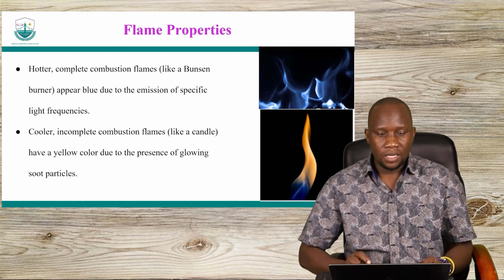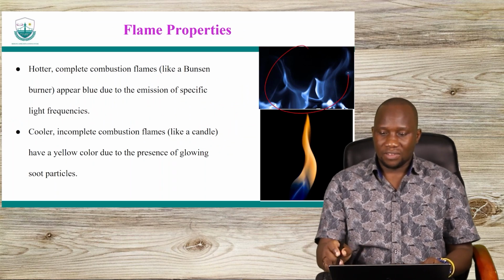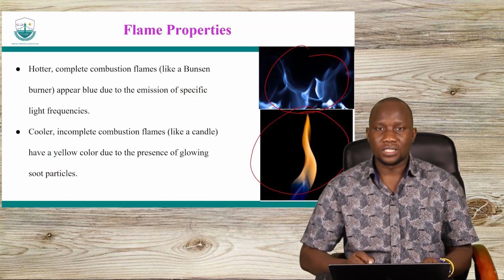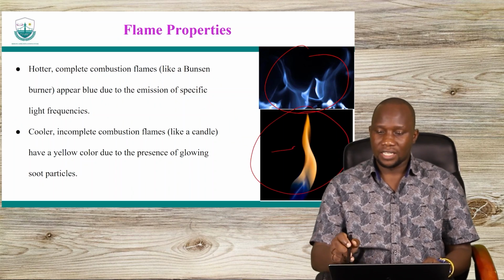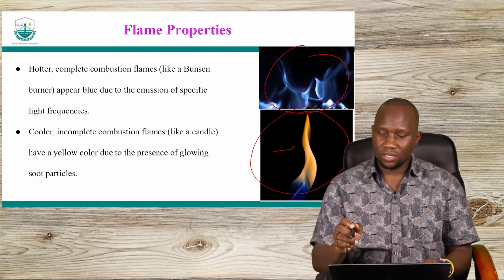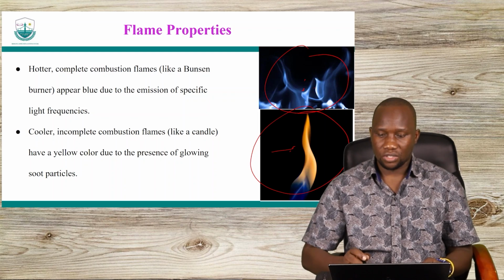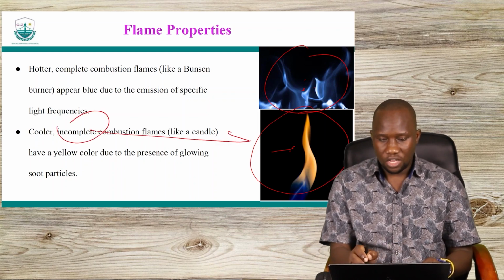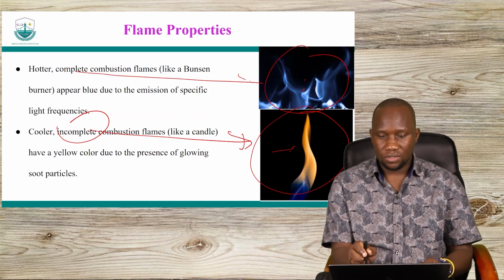Okay? So that is exactly what I've explained. This is hot. This is not very hot, but this gives more light. This gives limited light. This is complete combustion. This is incomplete combustion. Okay?